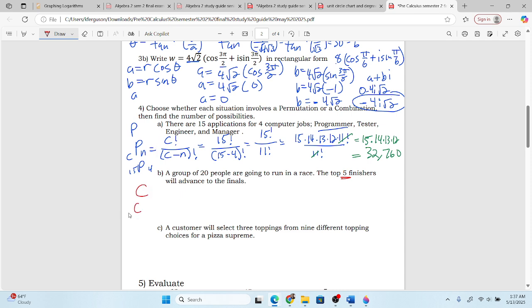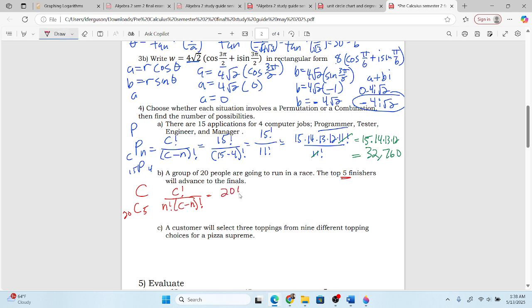So, C. And I got 20 and 5. So that formula is C factorial over n factorial times C minus n factorial. So that's, oops, not 15.